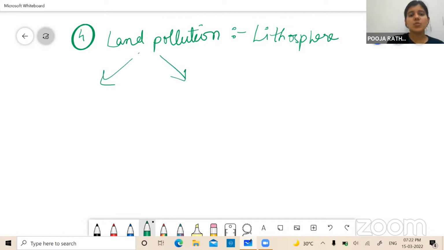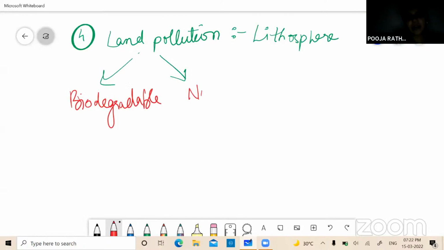Can anyone name these two types of waste which create land pollution? Okay, I will name them. First one is biodegradable, and second one is non-biodegradable.